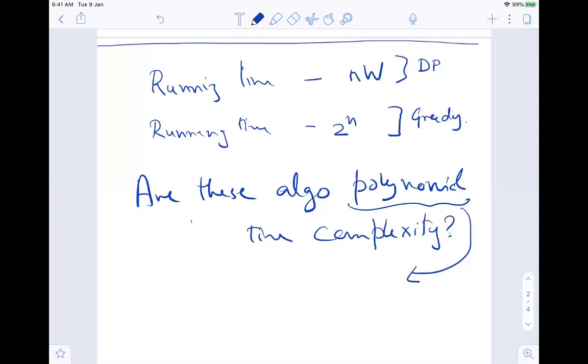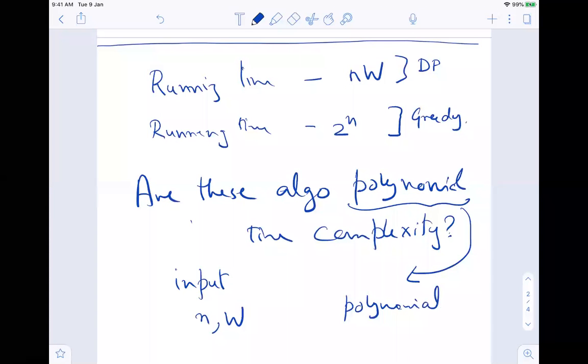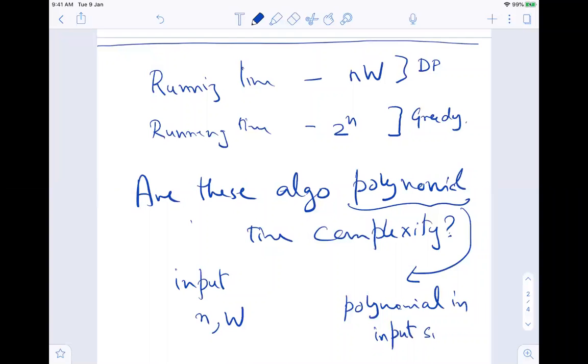Similarly here, what is the input? Input is n and W. So whenever we say polynomial, we mean polynomial in input. In fact, it is called input size.